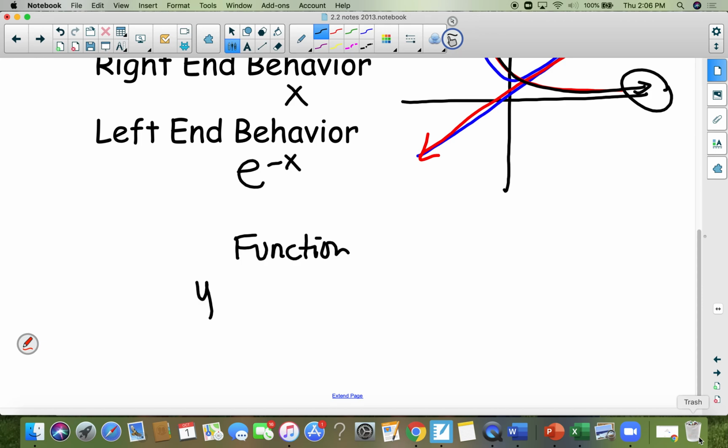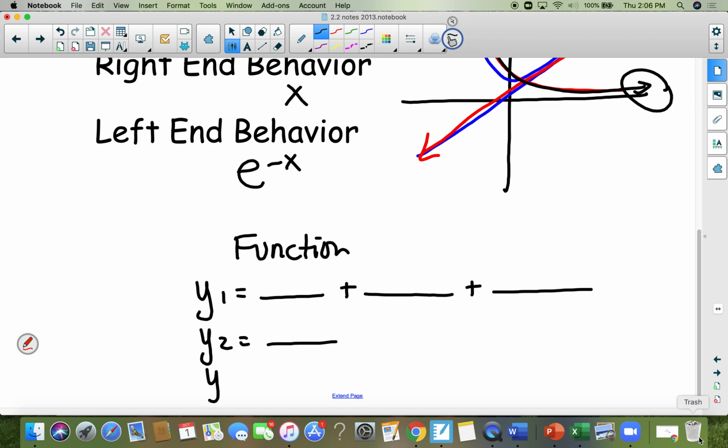There might be, under y1, 1, 2, 3 different functions. Then y2 would be this one, y3 would be the middle one, and y4 would be the last one. This one only had 2, so it was pretty easy to tell the right and the left. There might be 3, and the blue one is the actual one.